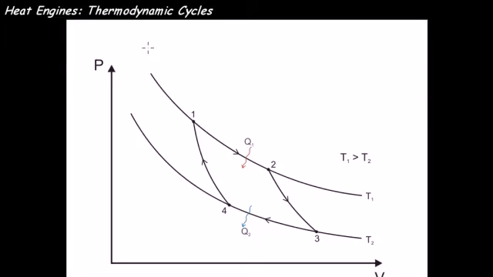So here's an example of a thermodynamic cycle. It's called the Carnot cycle. I begin at point 1, and I'm going to have a 4-step process. So from point 1 to 2, you can see that I'm going along this line, which is a constant temperature line.